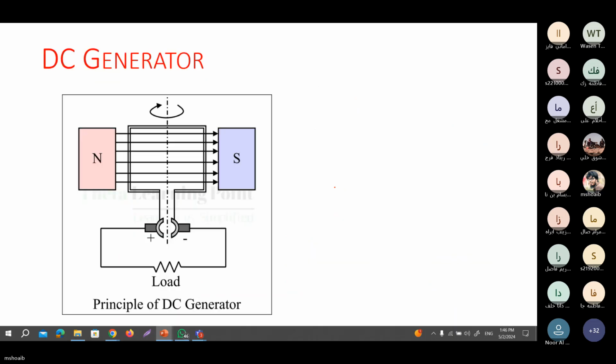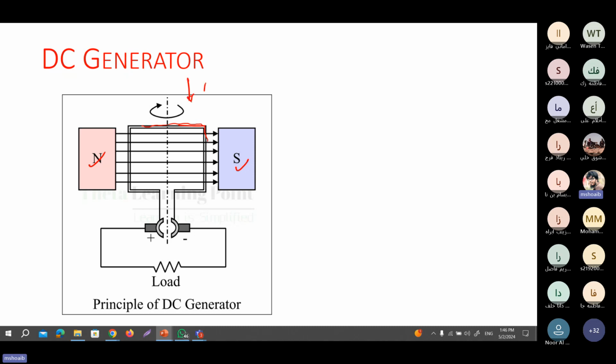Now, based on this idea, if you look at the DC generator, whatever I have explained in the previous slide, the same figure I have drawn over here. This is the principle of the DC generator. You have a North Pole and South Pole, and you have put a coil or a conductor, and this conductor is rotating.